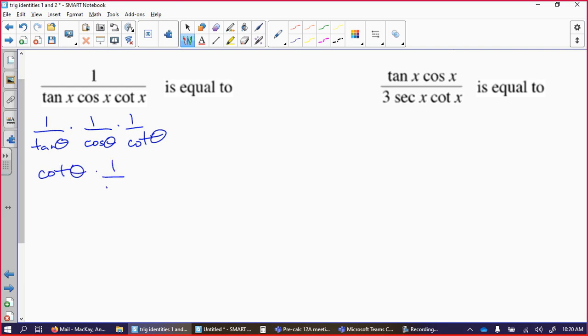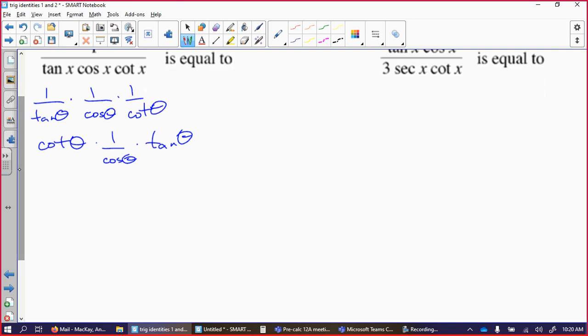And 1 over cotan is just tan of theta. Okay, that's all well and good. Cotan is cos of theta over sine of theta, 1 over cos theta, and tan is sine over cos.